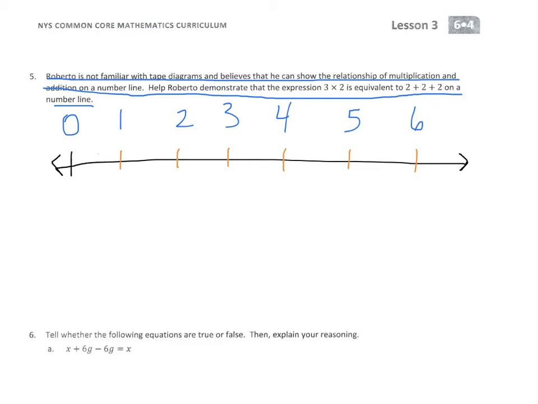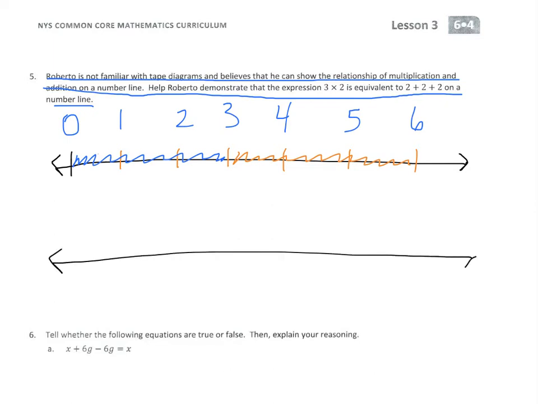There's 1 3, and then we'll make this one orange, and then the other 3. So 3 times 2 is 6. Alright, you go ahead, draw another number line, and show Roberto what 2 plus 2 plus 2 would look like on a number line. Go ahead and pause me, raise your hand when you're ready for me to take a look.